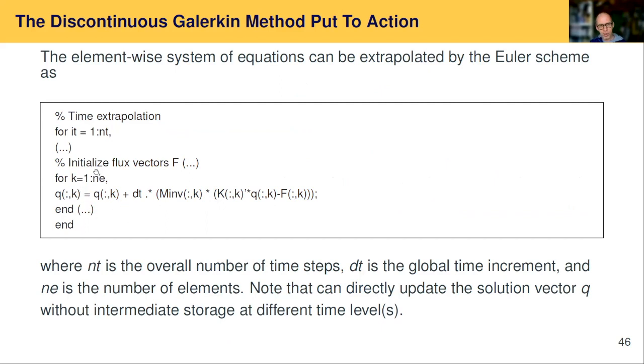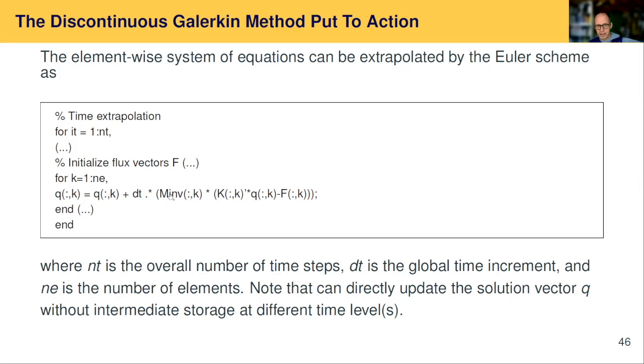We have a sum over all elements. Somehow we have to pre-calculate the flux at each time step, and then we can initialize or update the field Q in each element. This is the colon. That's an implicit loop in each element.